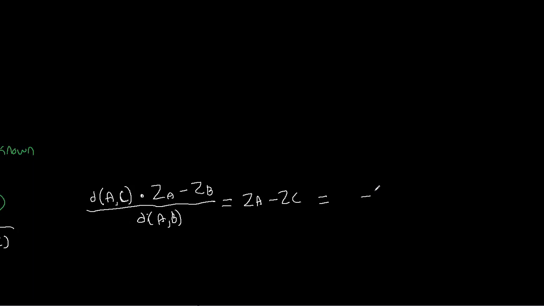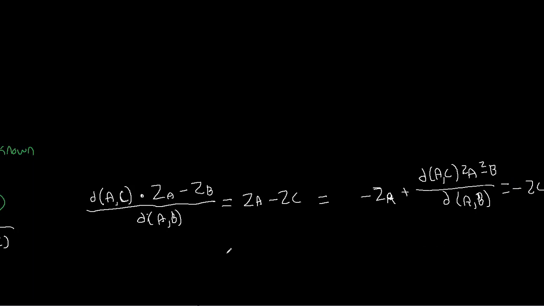So we have negative ZA plus DAC times ZA minus ZB, these are the values, divided by the distance between A and B, is equal to negative ZC.